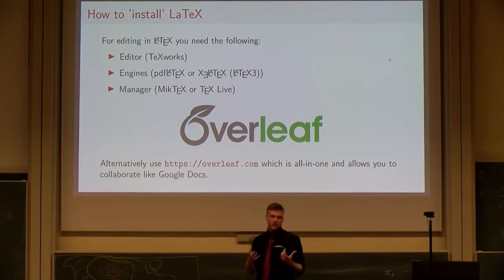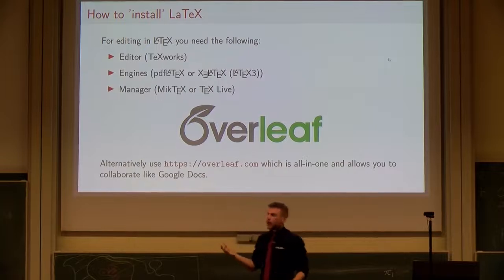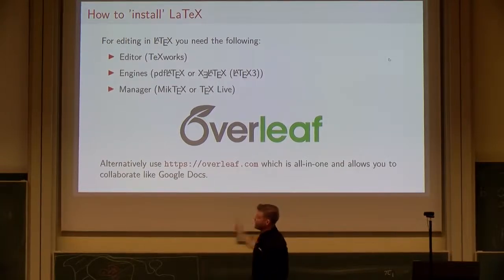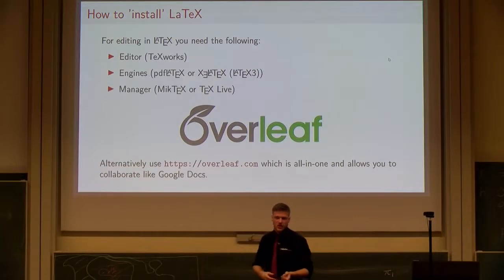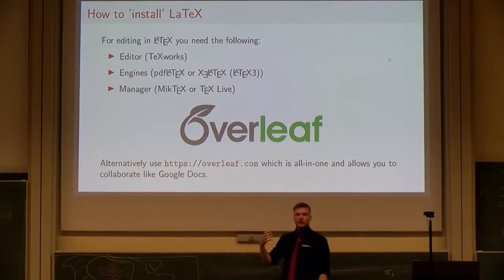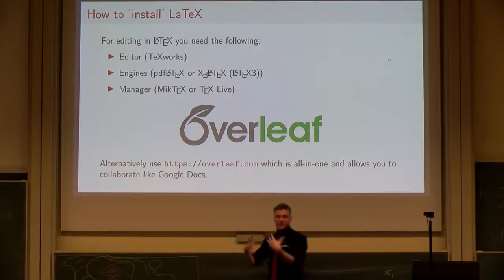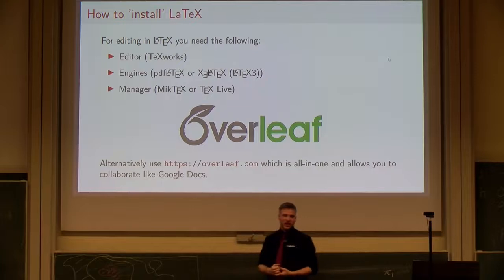You can just work in different files. But in Overleaf it also works quite well working in the same file with multiple collaborators. Because LaTeX works with these files, it's also possible, if you want to collaborate, to use Git or a versioning system. I think even in Overleaf you can use Git to save commits of your document and roll back these commits if you screw up something very terribly.